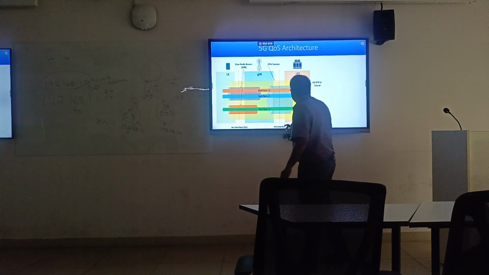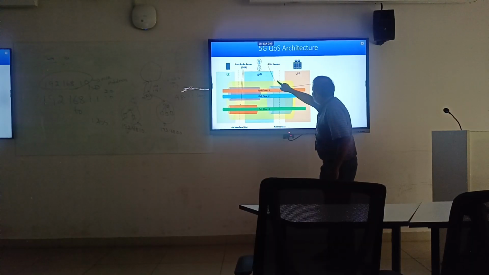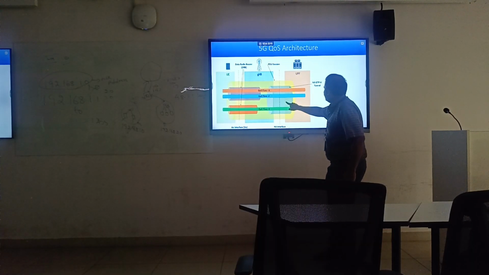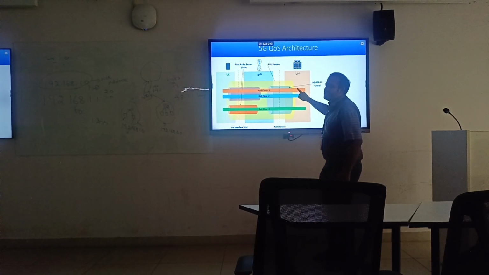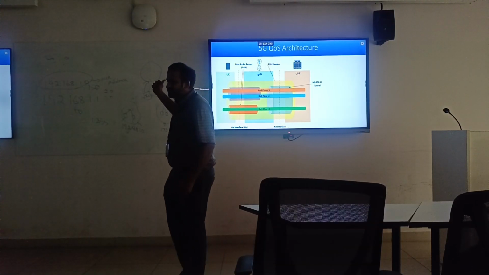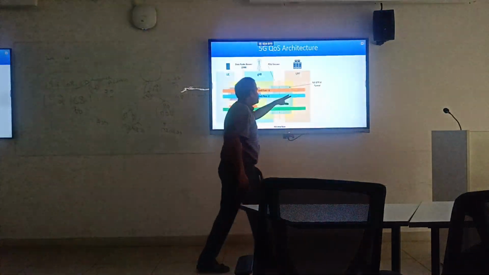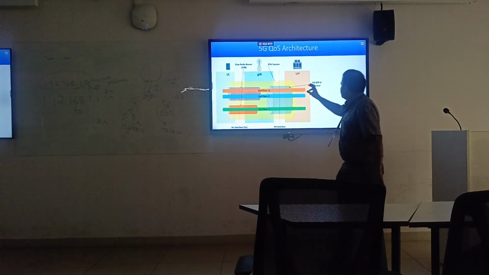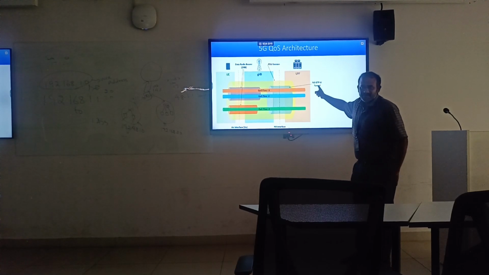Next, from G-Node B to UPF, you will have a GTP channel, the GPRS tunneling protocol. Just understand this is your GTP channel, which defines your user plane.